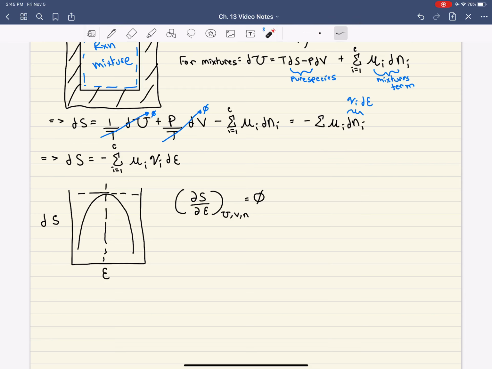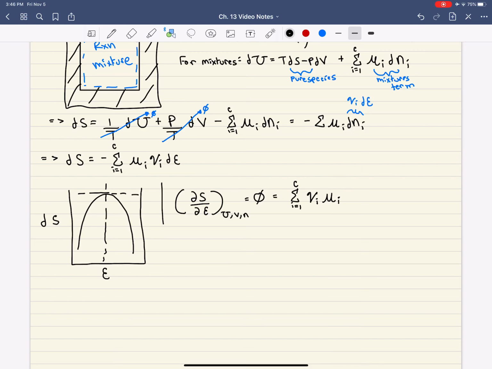And so to get that, basically what we do is just move the epsilon over here. And since this is equal to 0, we could cancel out that negative sign. And what we get is that this derivative is equal to 0, and it's also going to be equal to the summation of nu i times mu i. Okay?